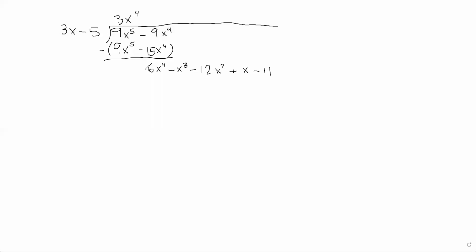So now we're going to do 3x into the 6x to the 4th. So 3x can go into 6x to the 4th, 2x cubed times. We're going to multiply them. We get 6x to the 4th. And then this is going to turn into a minus 10x cubed.